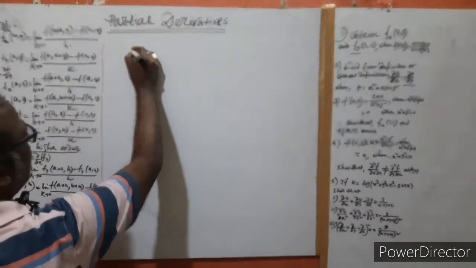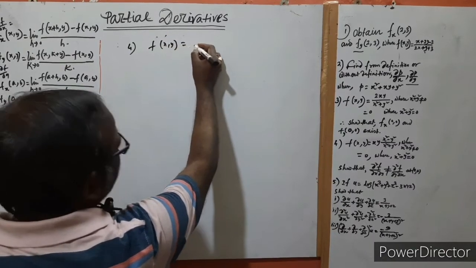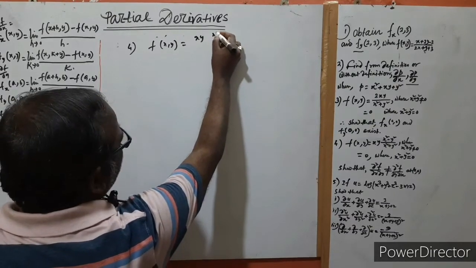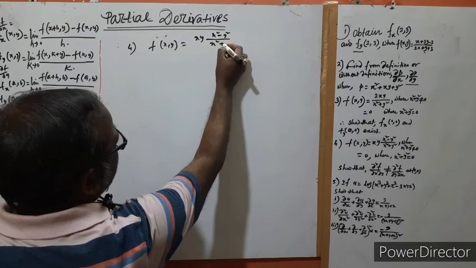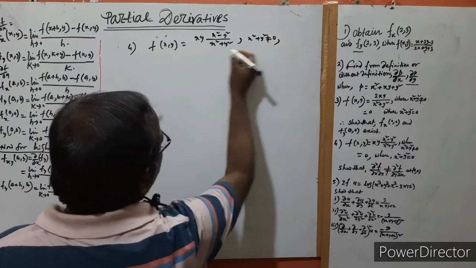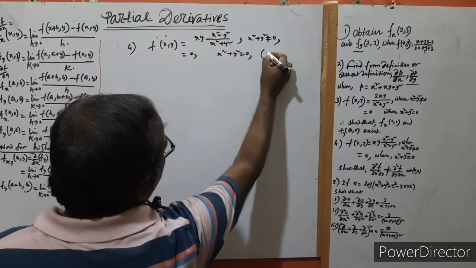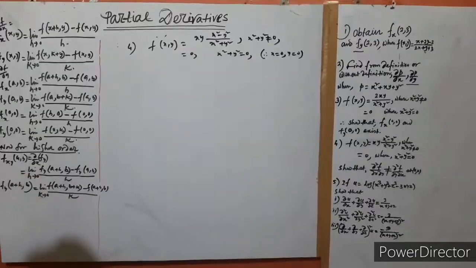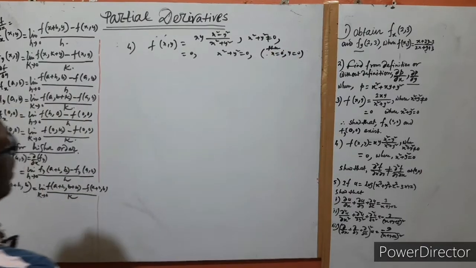This is question number 4. f(x, y) = xy(x² − y²)/(x² + y²), when x² + y² is not 0, and equal to 0 when x² + y² = 0, that is, x = 0 and y = 0.